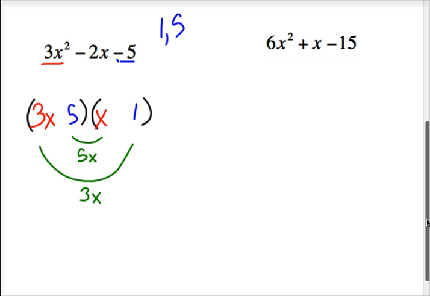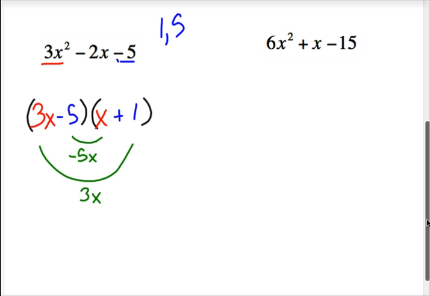The answer is yes. If I have a negative 5x there, that will give me a negative 2x. So I follow that. So that means that must be negative, that must be positive, and that gets me my factored form.